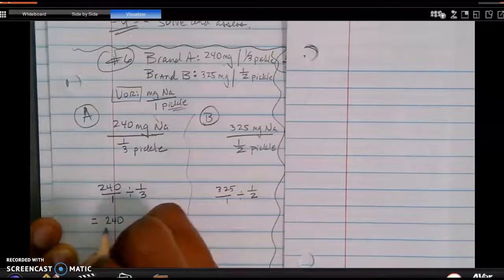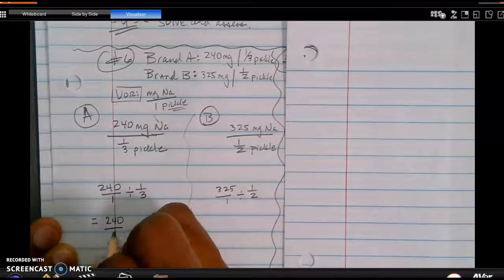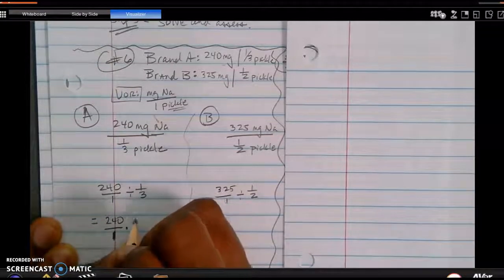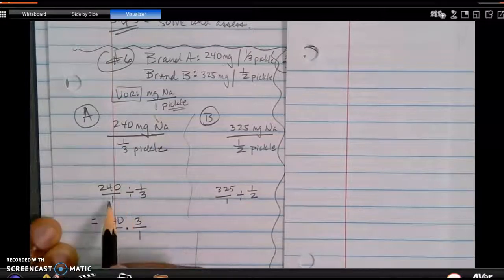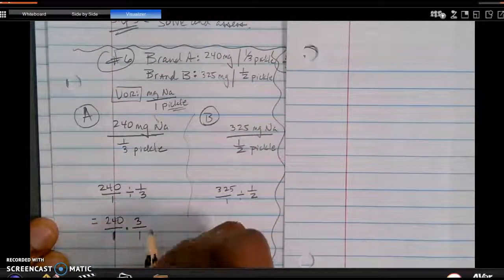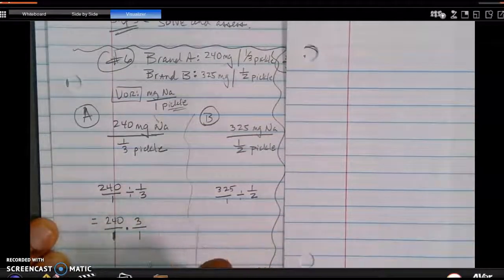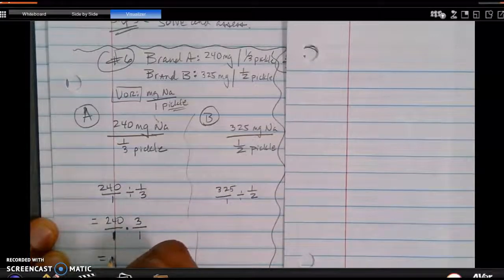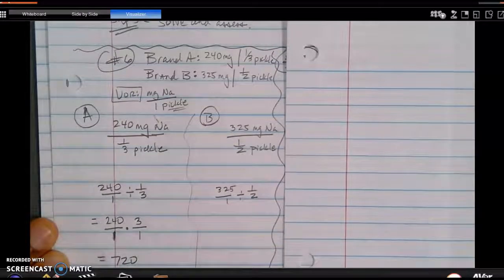So 240 over 1, using the principles of keep change reciprocal, or take the reciprocal, or reciprocate. I'm going to keep this first fraction, change my operator, that's multiplication, take a reciprocal of the next fraction. So that's why I am multiplying that. This now becomes 720.